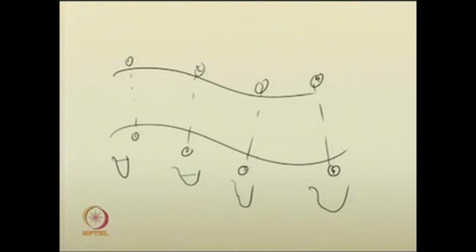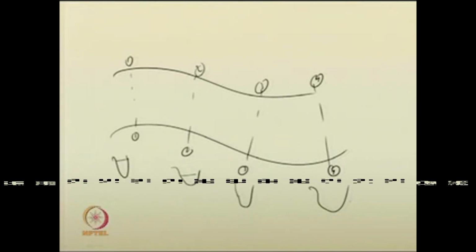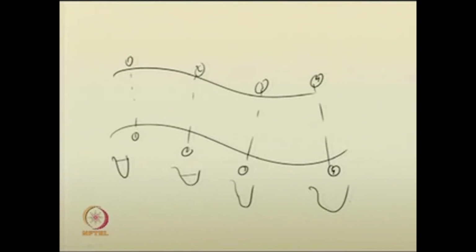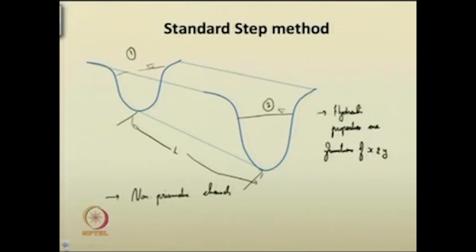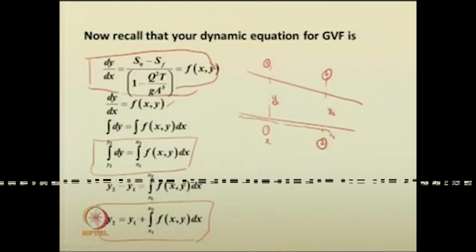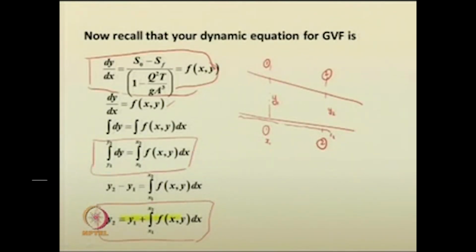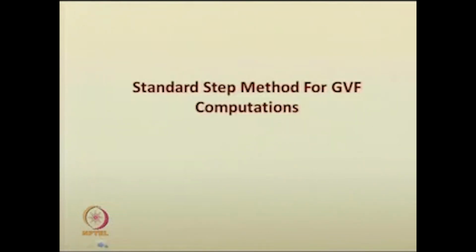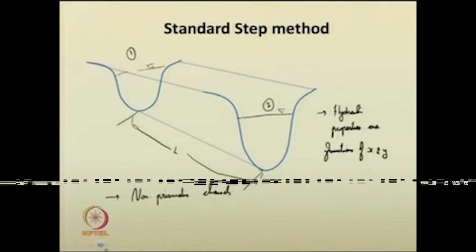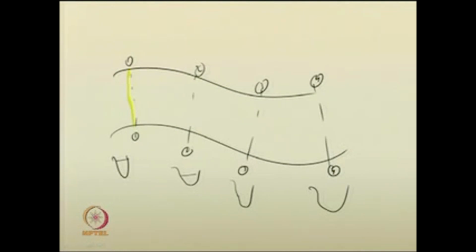As we mentioned earlier, computations are carried out from a known location. Say at this location, if all the properties are given to you, then using the step procedure, the step evaluation we have seen earlier in the equation, the same principles we are using here.